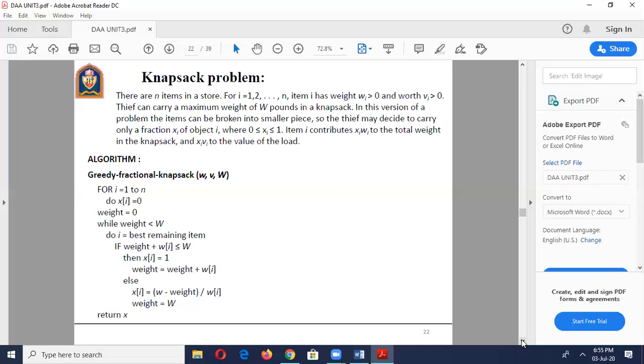While the weight is less than W, do: i is the best remaining item. If weight plus wi is greater than or equal to W, then x of i is equal to (W minus weight) divided by wi. Else x of i is equal to 1, then the weight is equal to weight plus wi. Then return x. Next slide, sir.